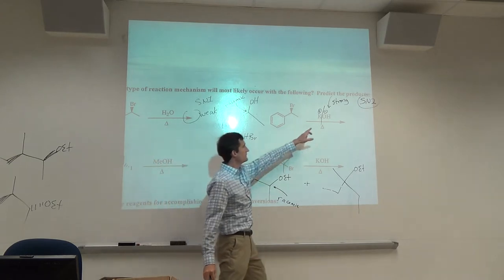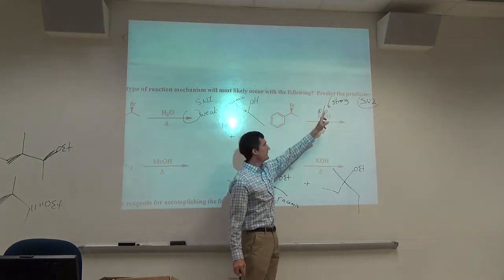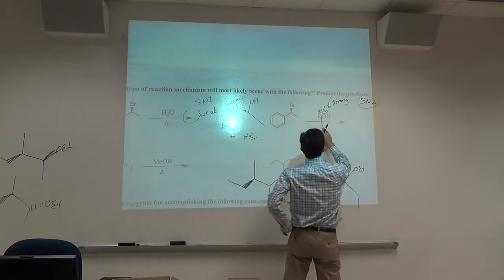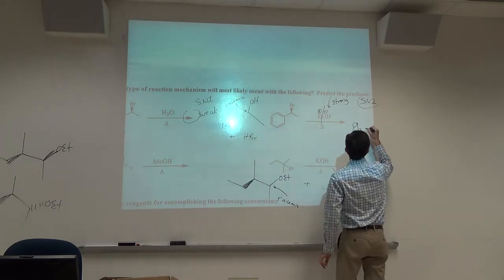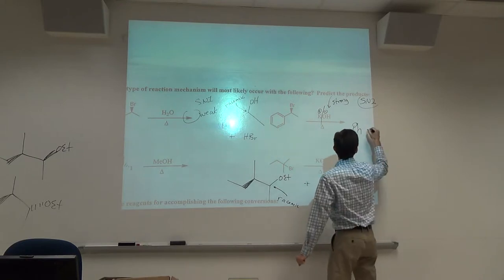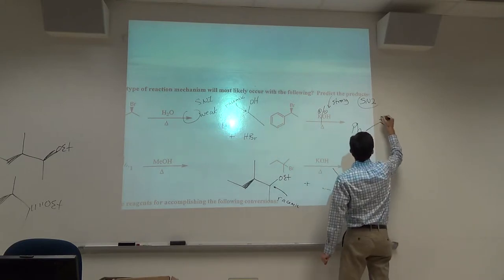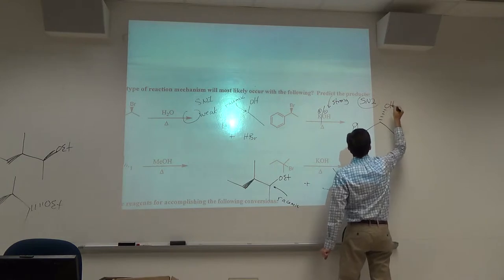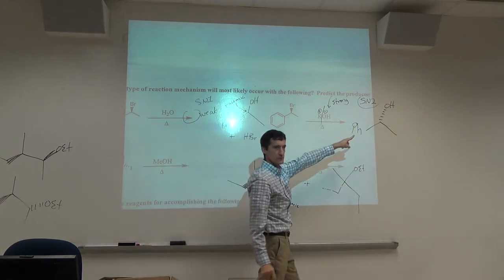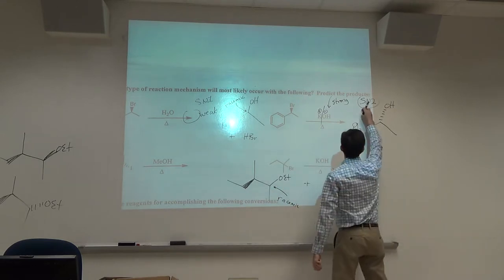This is not going to wait for this to ionize. Here I come, backside. What's the product? OH going back. It's the same connectivity, but here we have stereochemistry that's like this because SN2 comes with what?